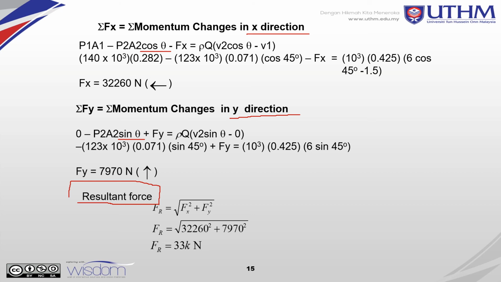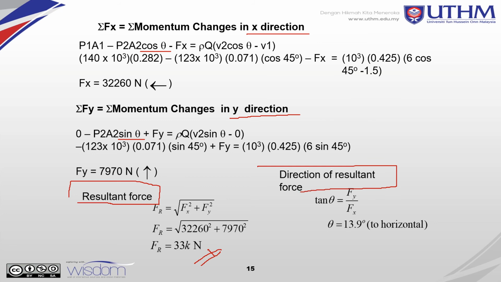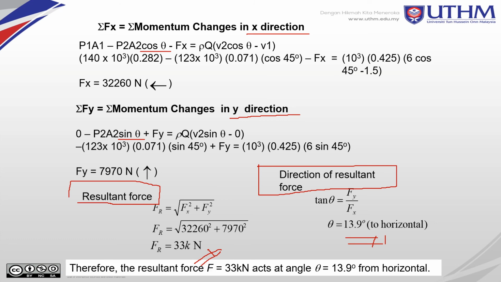So we get the resultant force of 33 kilonewtons. For the direction of the resultant force, tangent theta is Fy over Fx. Therefore, the resultant force F is 33 kilonewtons at an angle from the horizontal.